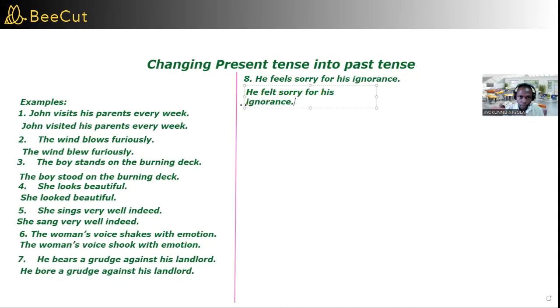So we have another one to change. I have to change number 9 to past tense. So we're going to check this together now. A portrait of Abraham Lincoln hangs on the wall.